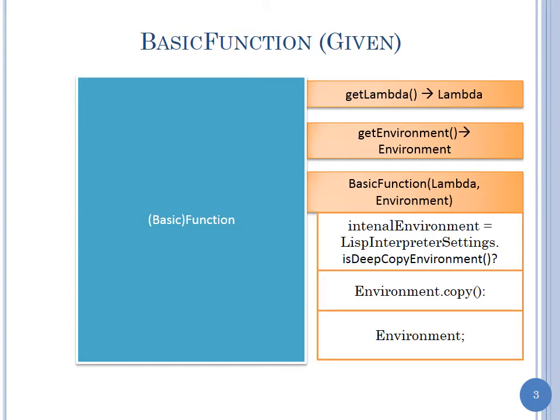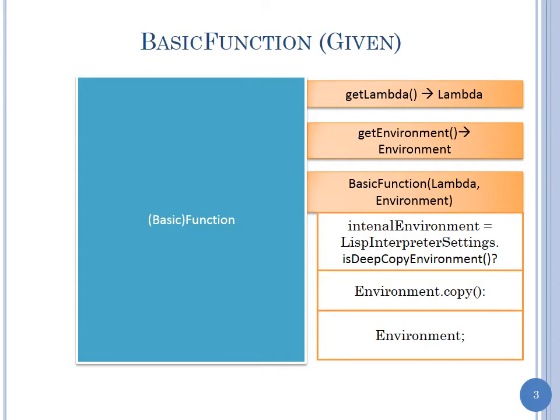So this particular constructor actually does the following. It says that, look, if the settings say deep copy, then I'm going to call copy on the environment, and that's the environment I will store. That's the environment that will be returned by getters. And if it is not deep copy, then I'll just store the environment as is. So there were some questions last time saying, what should I do in copy?